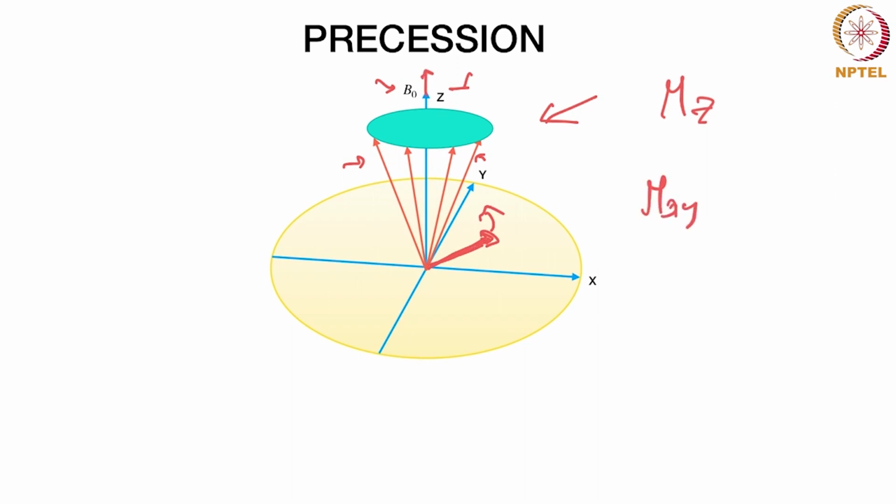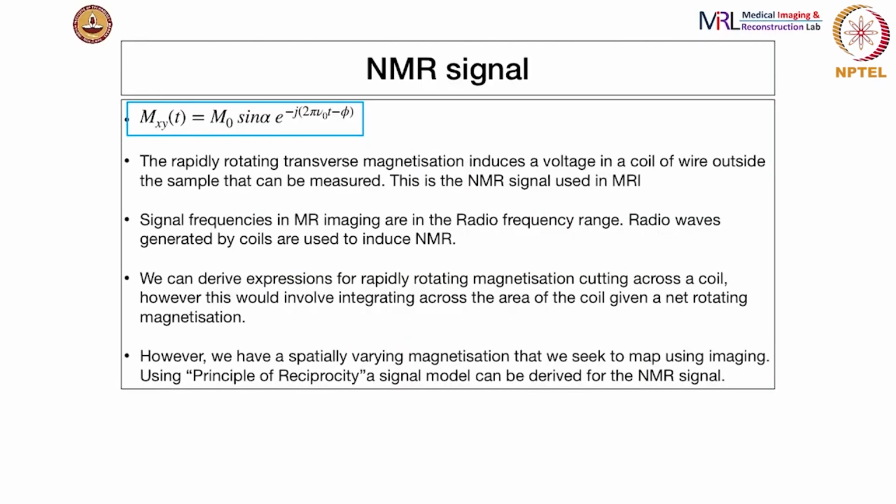So this magnetization is rapidly rotating in the plane with a frequency proportional to nu0, and if you put appropriate coils of wire here, it will induce a current. That current is the NMR signal. What is the origin of that NMR signal?